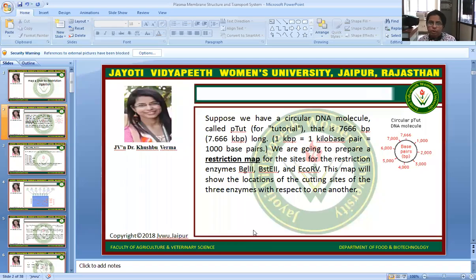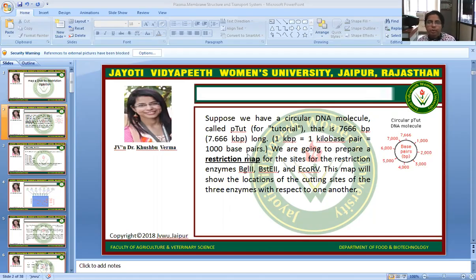Suppose we have a circular DNA molecule called plasmid TUT, which means tutorial, that is 7666 base pairs long. We know very well that 1 kilo base pair is equal to 1000 base pairs.